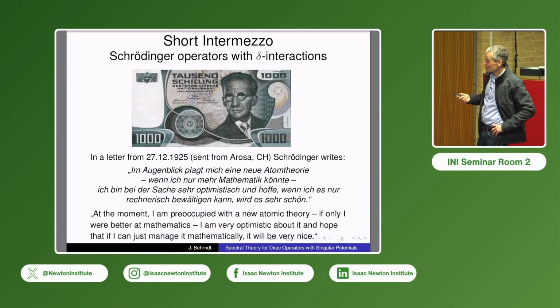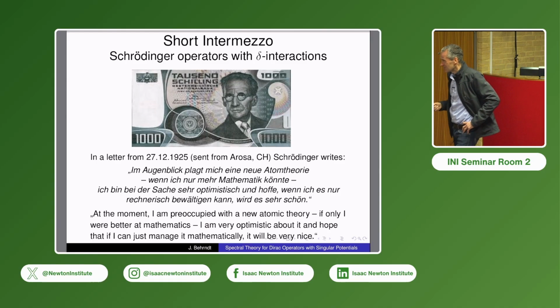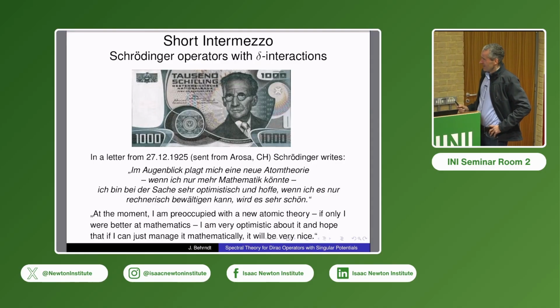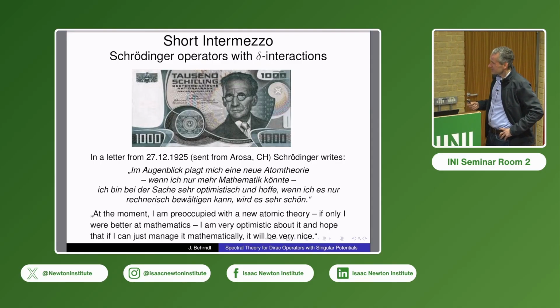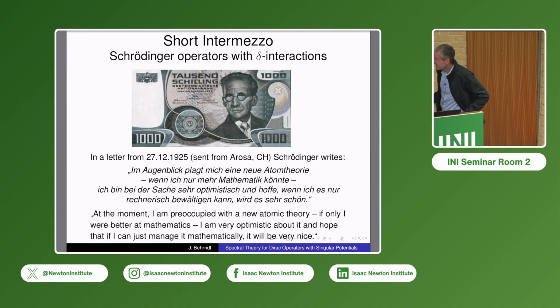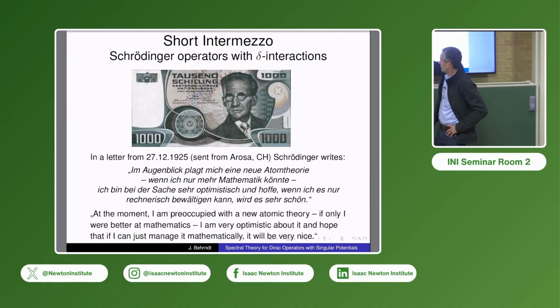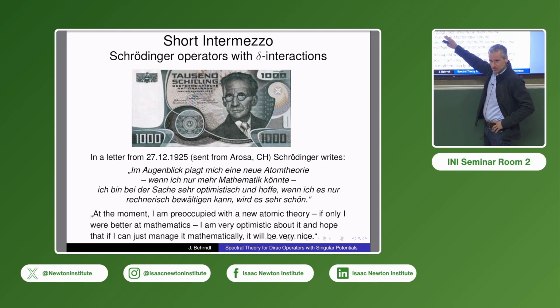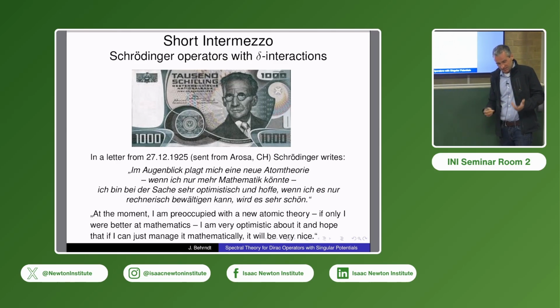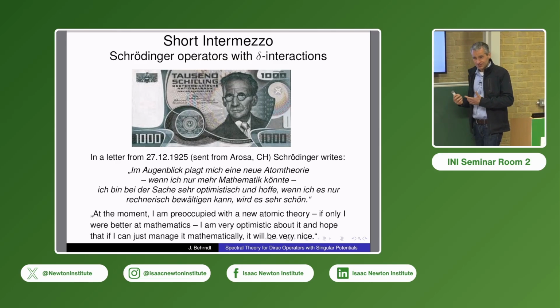And this is just a quote from a letter he wrote to a friend in Vienna. There is an English translation below, but in German you see it kind of reflects a little bit how he's feeling. "Im Augenblick plagt mich." Plagen means it's kind of painful to derive this theory.